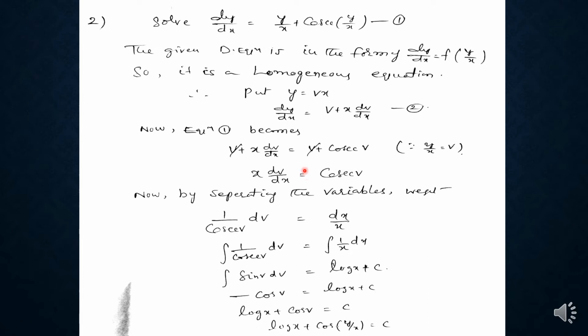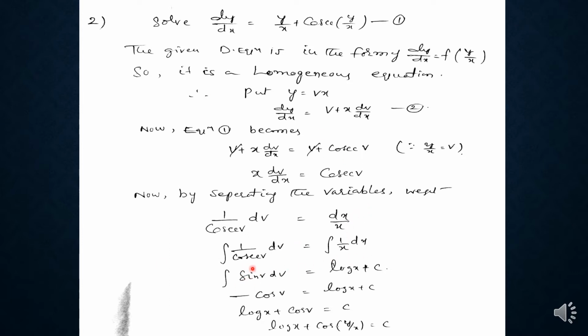Now from this equation the variables can be separated. By separating the variables, we get all the v functions: 1 by cosec v dv is equal to integral dx by x. So after separating the variables, by integrating on both sides, integral 1 by cosecant v dv is equal to integral 1 by x dx.